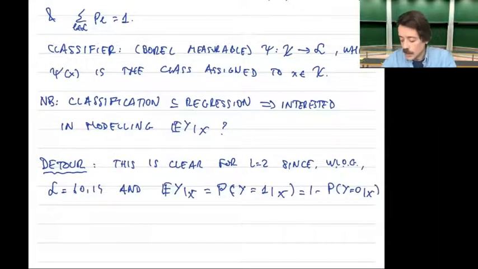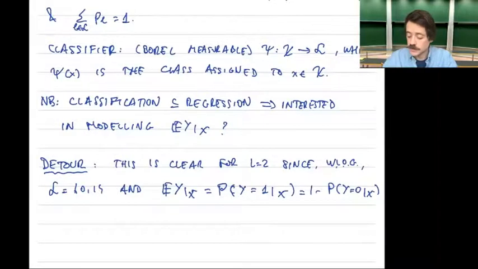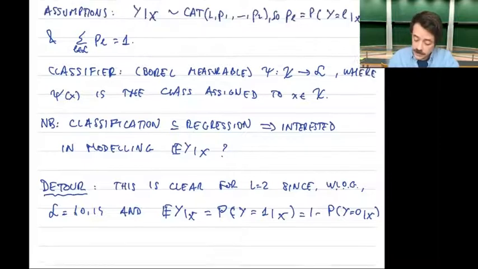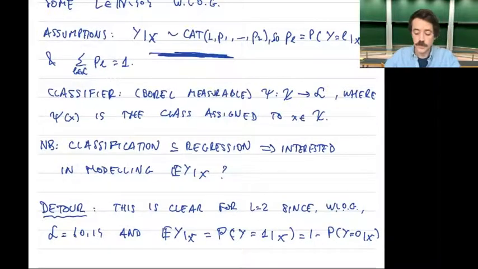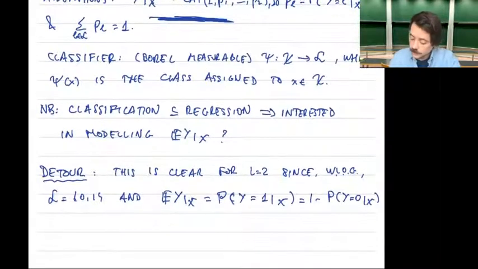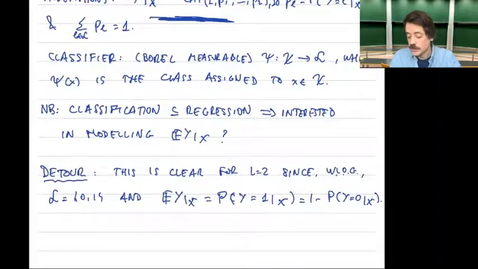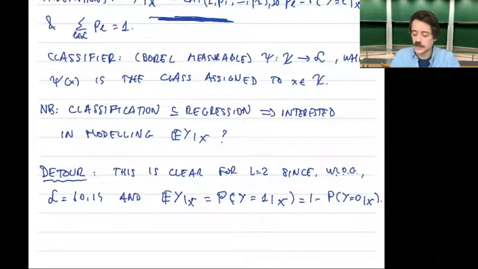Therefore, either of the two probabilities totally determines the other one, and indeed the data generating mechanism, because the data generating mechanism is this categorical distribution. So it's clear for two classes. By the way, two classes is basically binomial regression, so we're in familiar waters in some sense. Strictly speaking, rather than binomial regression, what we have here are Bernoulli experiments.